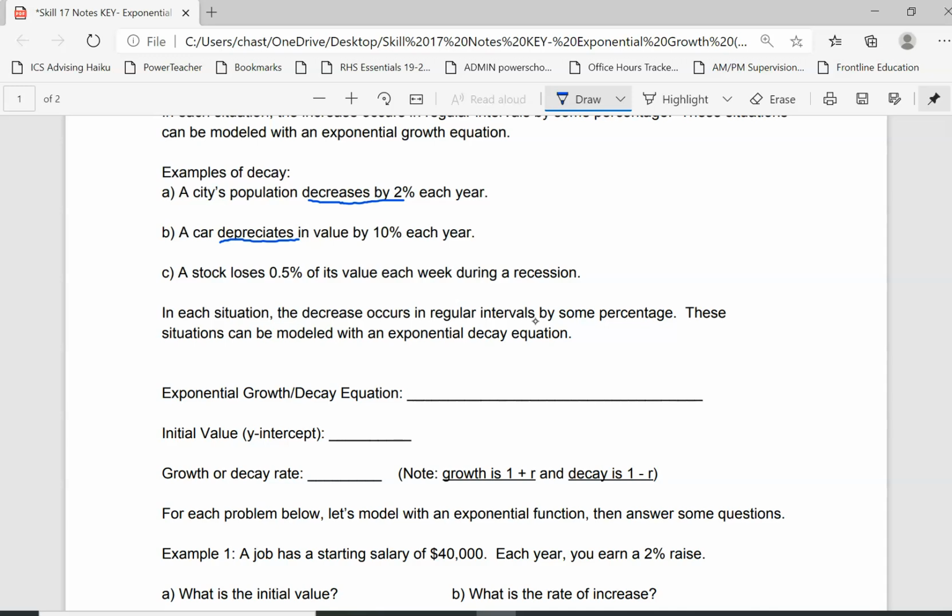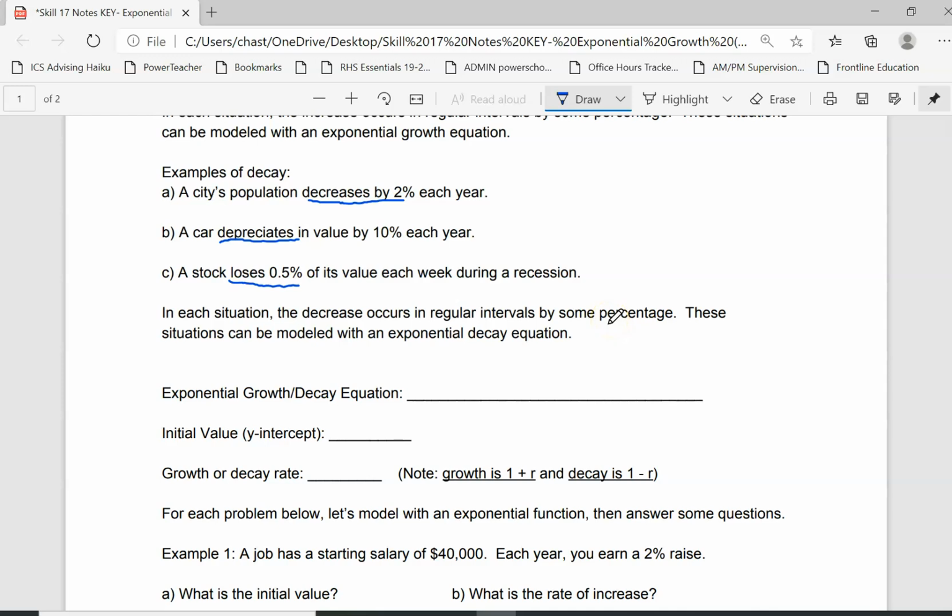This is why people don't always buy brand new cars, because they depreciate so quickly. You might see a stock loses 0.5% of its value each week during a recession. Each of those talks about decreasing in regular intervals. Again, notice that we're talking about percentages. So that is why we're using exponential models here.